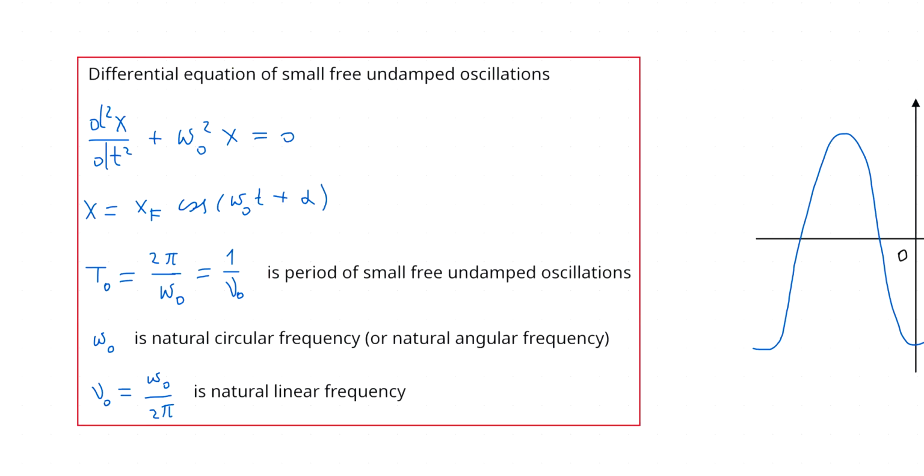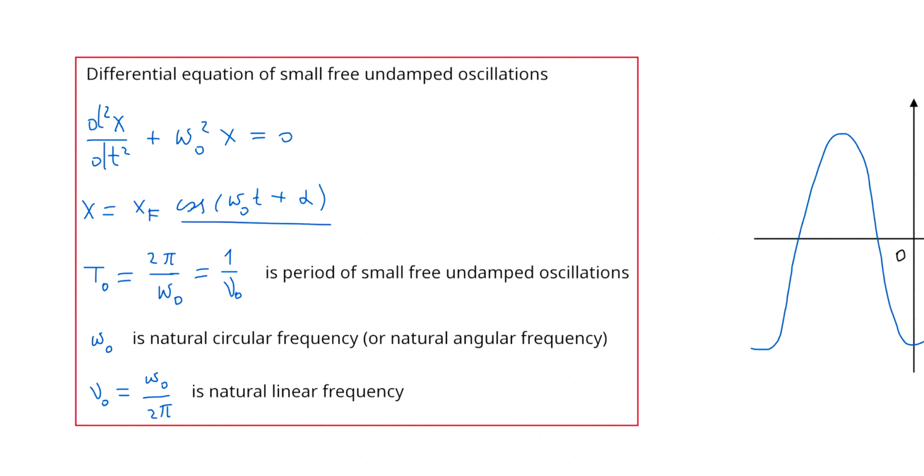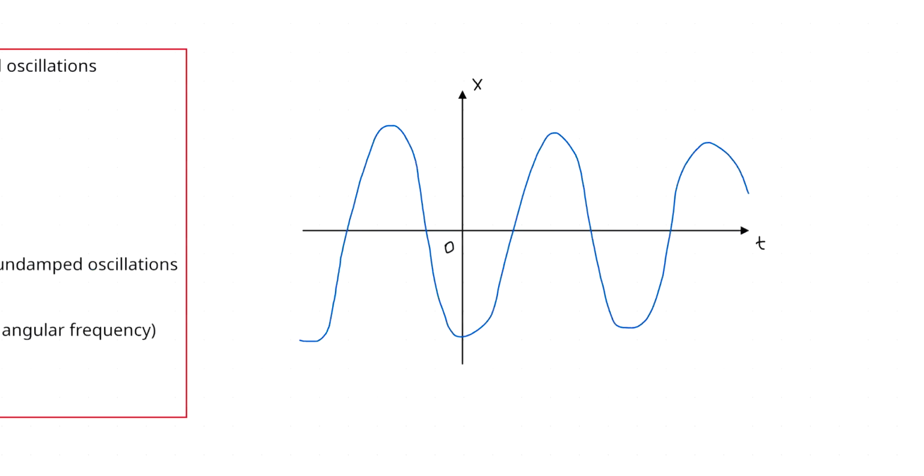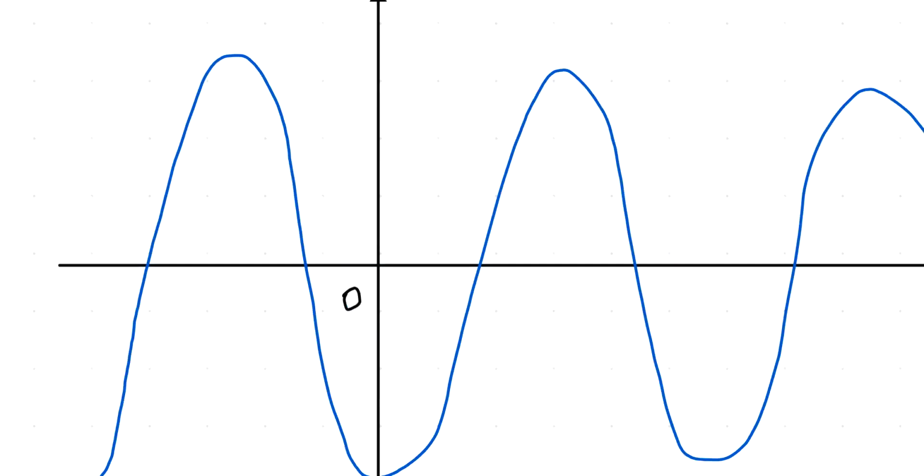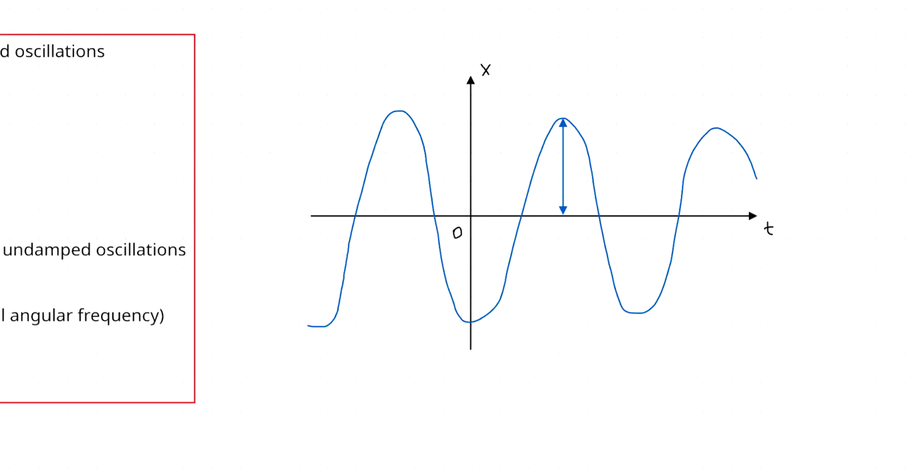We know that the maximal value of cosine is 1, and the minimal value is -1. So if we have the maximum value of cosine, x is equal to xf. This is xf.